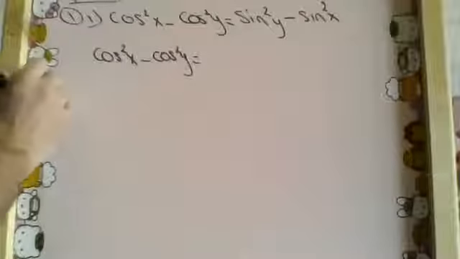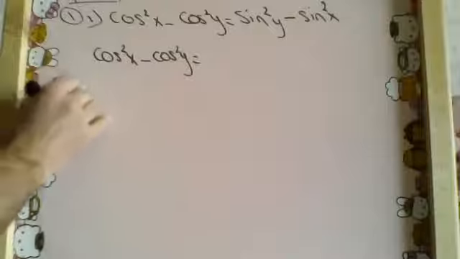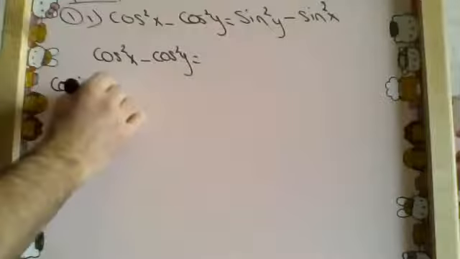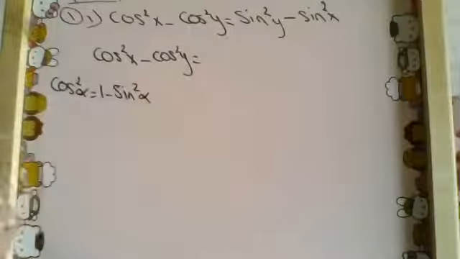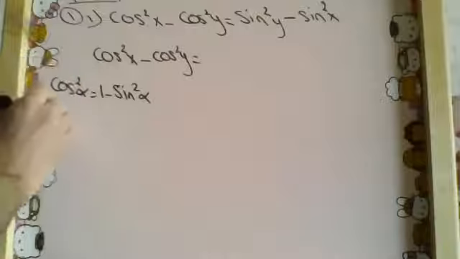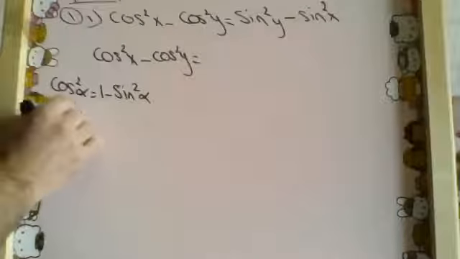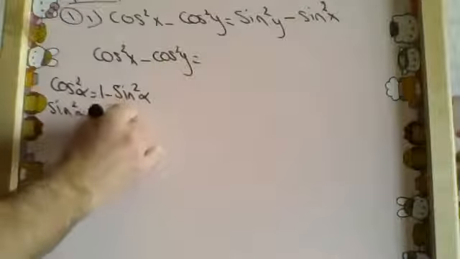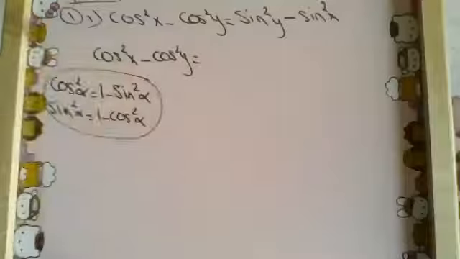We can replace cosine squared alpha by 1 minus sine squared alpha. I must have power 2. And we can also replace sine squared alpha by 1 minus cosine squared alpha. So cosine squared x.